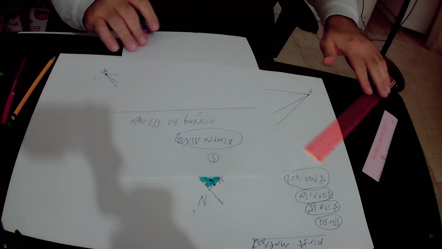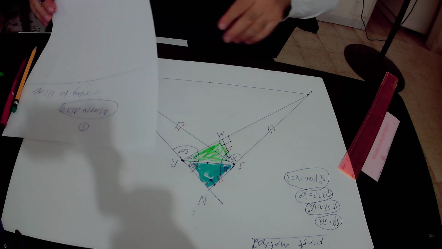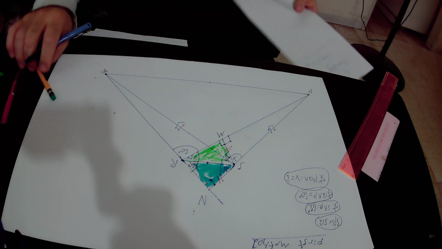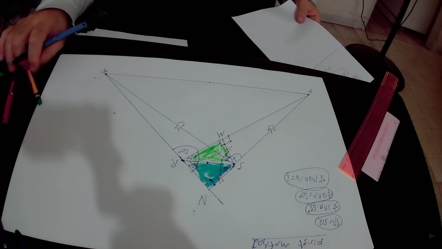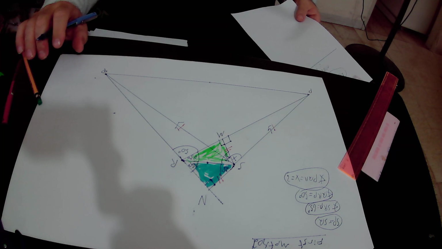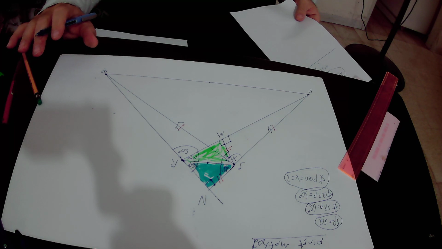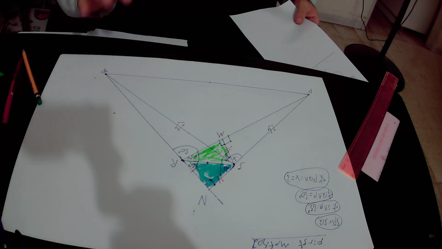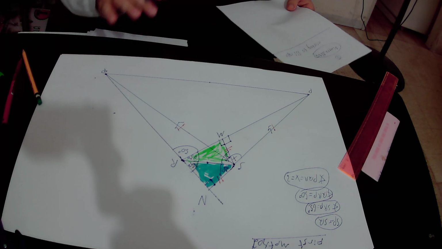So what is the side rule? The side rule states that if you prove that all the sides of one triangle are correspondingly equal to all the sides of another triangle, then those two triangles can coincide with each other.